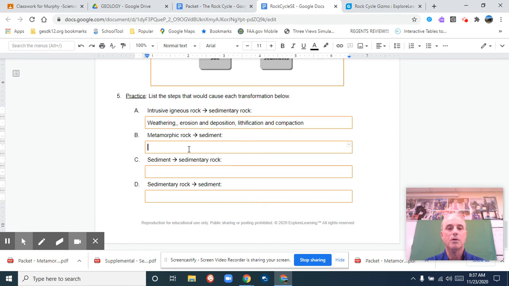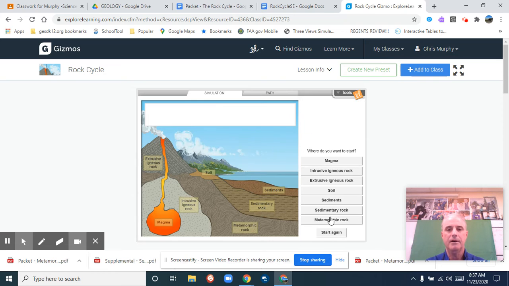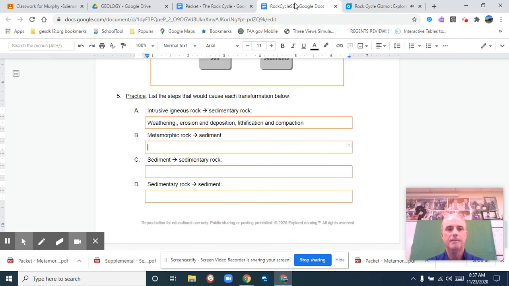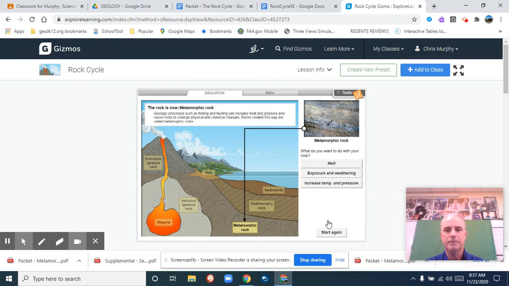Let me do one more: metamorphic to sediment. If you think back, we should have a pretty good idea of how this goes. We're going to look for metamorphic rock, which is down at the bottom, so let's pull that up.